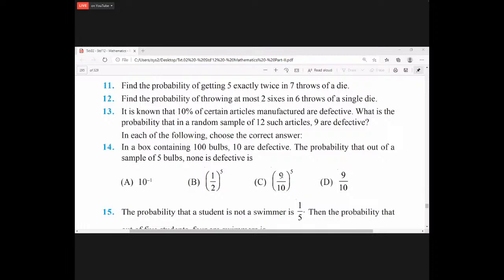Find the probability of getting 5 exactly twice in 7 throws of a die. Seven throws of a die means the die has been thrown 7 times, right? So n value is equal to 7.